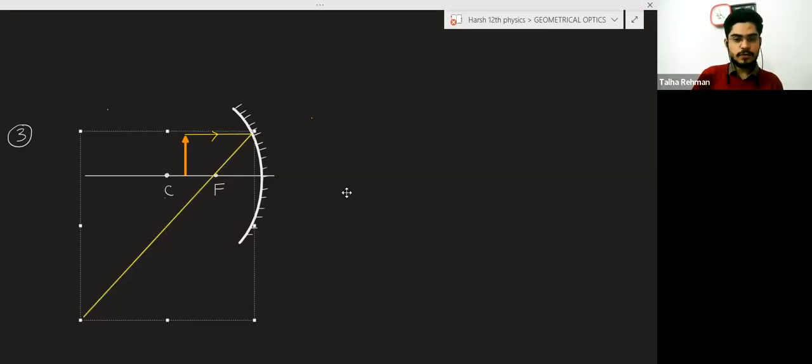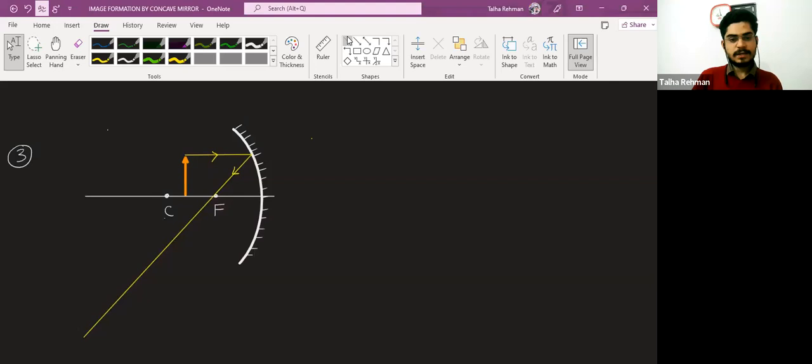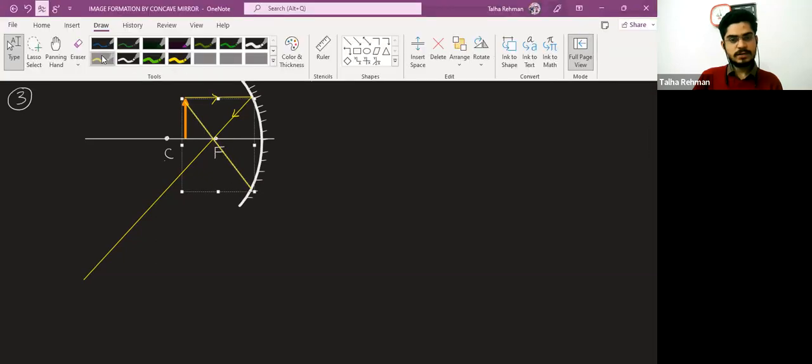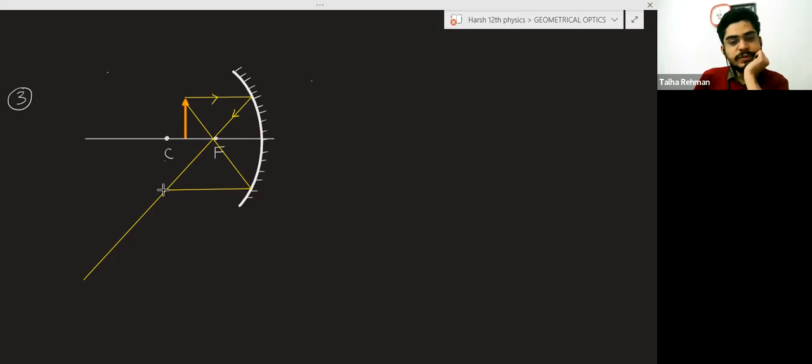Another ray of light is passing through the focus, and after reflection it will become parallel to the principal axis.